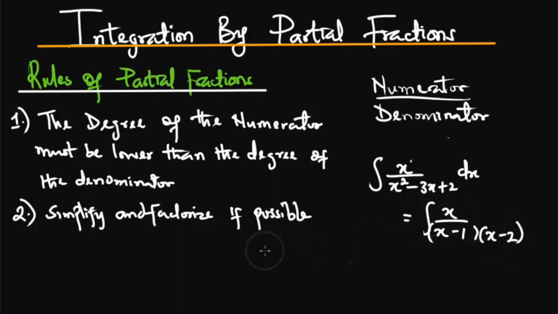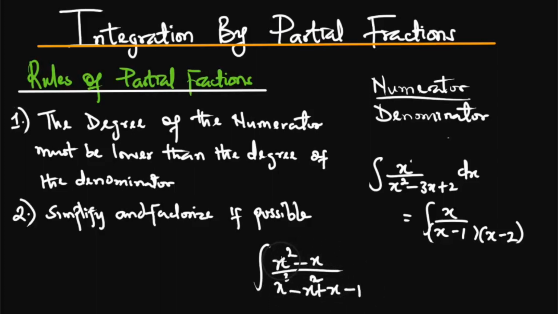And what if we have a question like, say, integral x squared minus x divided by x cubed minus x squared plus x minus 1, right? What if we have a question like this?